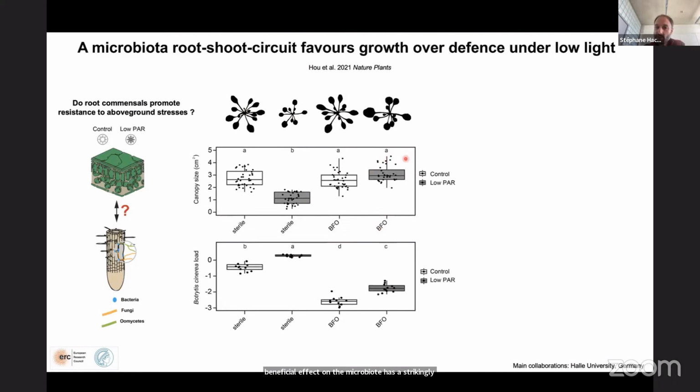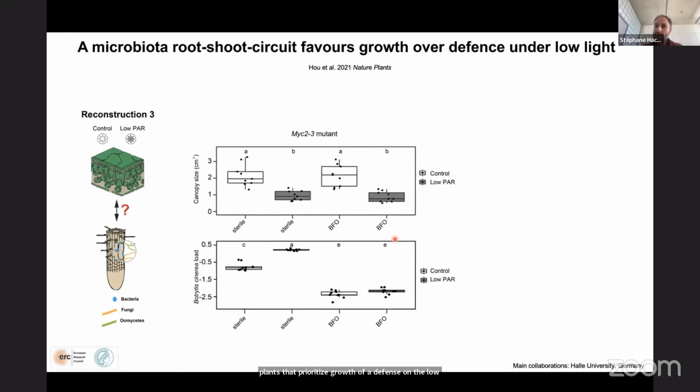The presence of the microbiota really boosts plant growth compared to the microbiota-free control plants, for which you see a growth defect. And this growth increase that we observed in the context of the microbiota is associated with increased susceptibility to pathogens, suggesting that these plants prioritize growth over defense under low light.